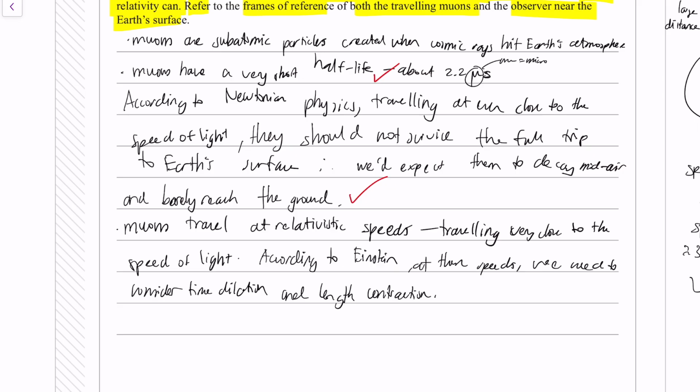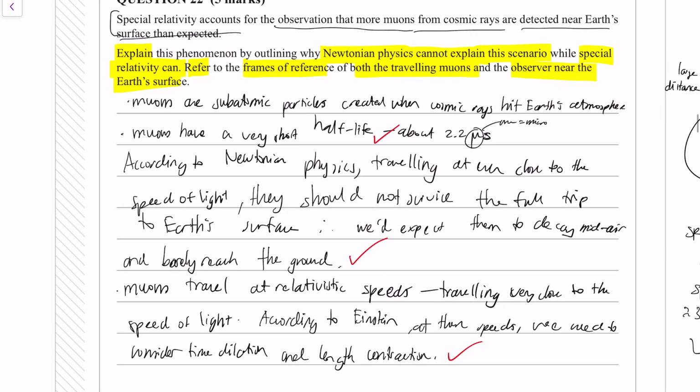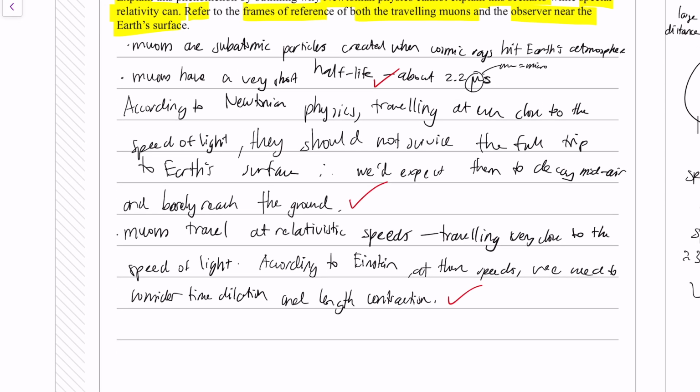So that's where our third mark. So we have 5 marks in this question, right? That's where our third mark comes from. Just saying that muons travel at relativistic speeds. And that leads on to why we can talk about special relativity and how we can apply those principles of special relativity, because muons are traveling at really, really fast speeds, close to the speed of light.